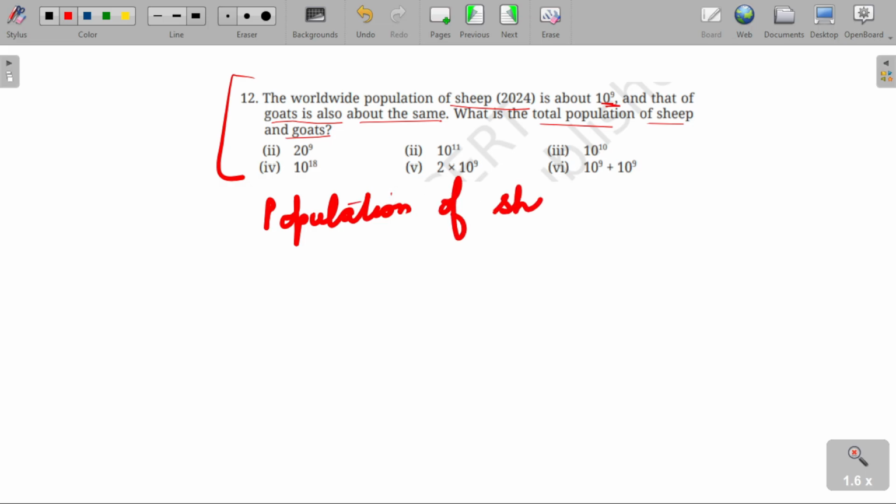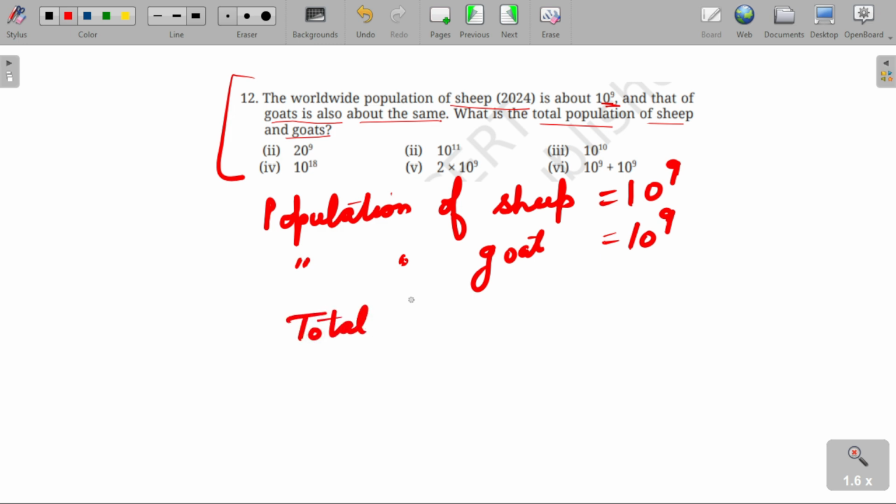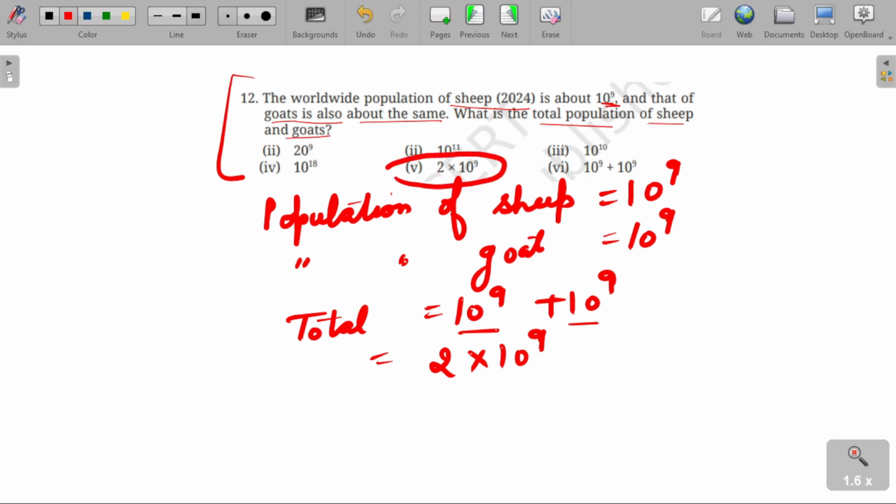Population of sheep is given as 10 raised to power 9, and population of goats is the same, 10 raised to power 9. When we are adding the same values, it will be twice the value.